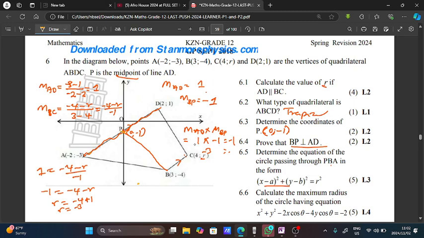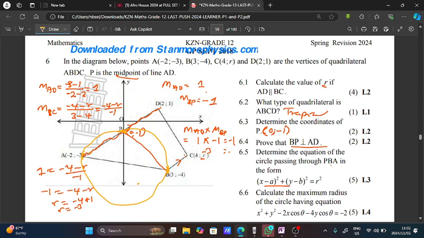So the circle is passing through P and B and A. So let's just draft a circle in here, something like this. Then they want the equation of the circle in that case.